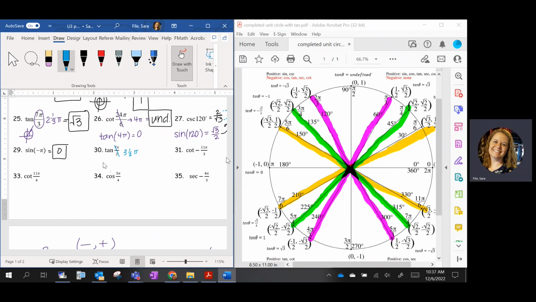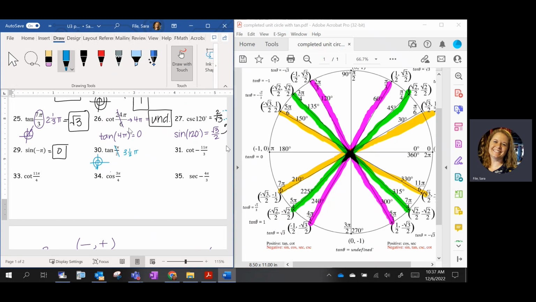So thinking about your unit circle, if I went around a full circle, that's 2 pi, another half circle, that's 3 pi, and then I need another half pi, which would put me here. So it'd put me on the negative side here of the y-axis. So the bottom of my unit circle is where I'm looking. And they're asking for tangent. What's tangent down there? Undefined.